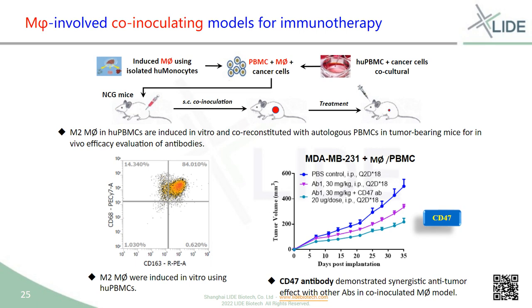Here we developed a monocyte-derived M2 macrophage model, mixed with tumor priming PBMC and fresh cancer cells, co-transferred into the NCG mouse. In this model, we see anti-CD40 could synergize with another antibody to control the tumor growth.